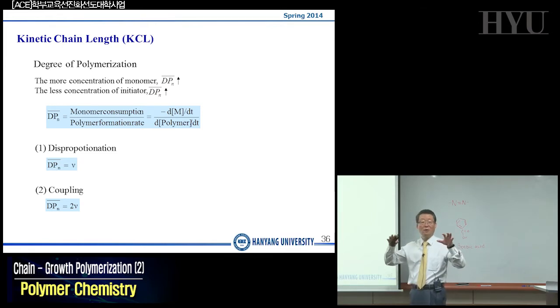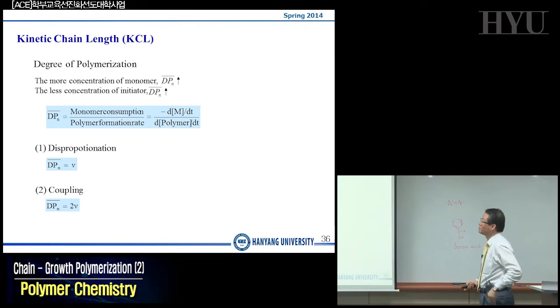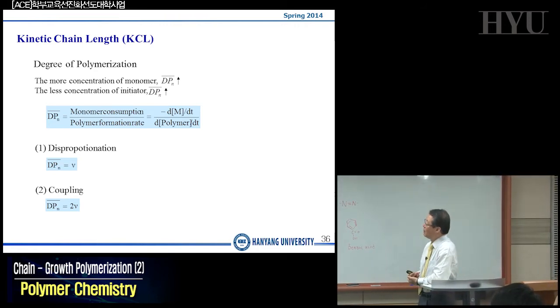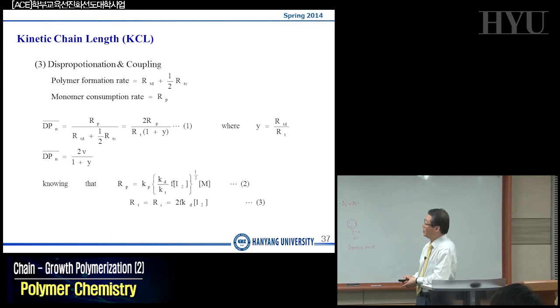Because you have two growing chains combined together to become double your molecular weight. Okay, so this is the description of what we have done, and we can describe the rate of polymerization reactions, which was just described a minute ago.